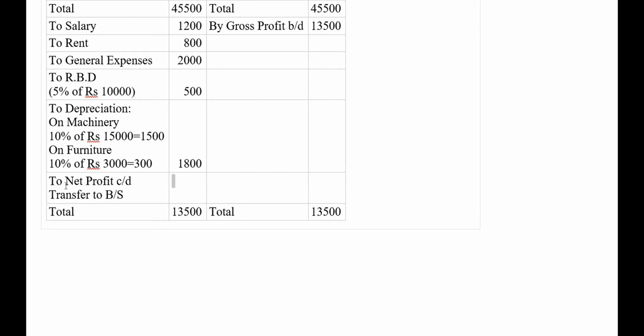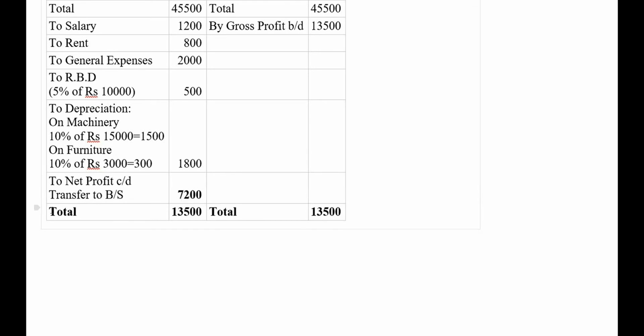So that is rupees, when you deduct here you will get 7,200. So let me make it bold here. So 7,200 profit we have got here.